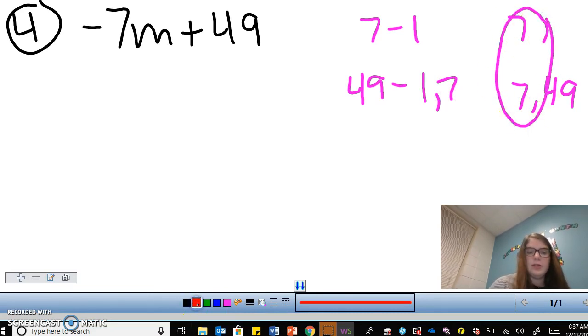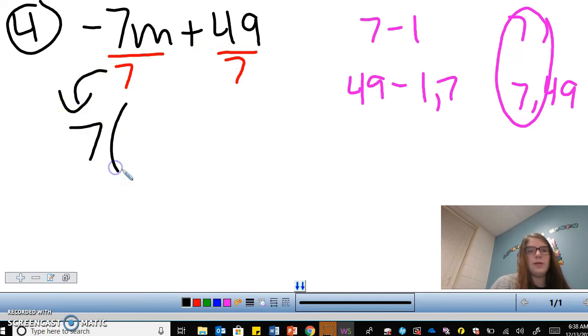Okay. So then I'm going to divide both of these by 7. And remember, the 7 goes out front. And this time this one is negative, which we haven't done one like that before. Doesn't change anything. A negative divided by a positive is a negative, so we're going to have a negative 1m plus 49 divided by 7 would be 7.